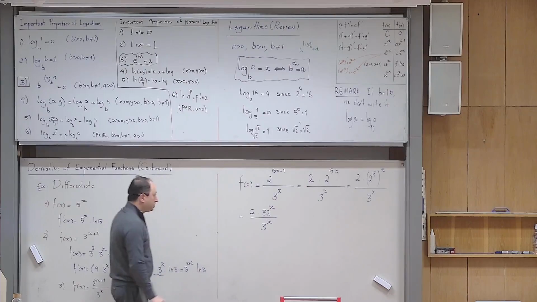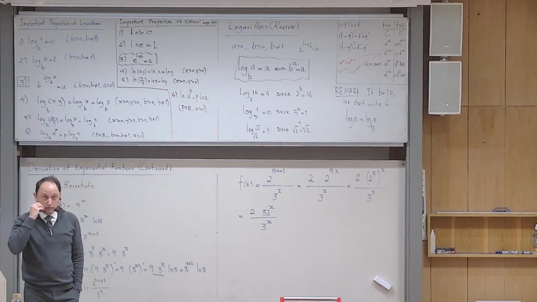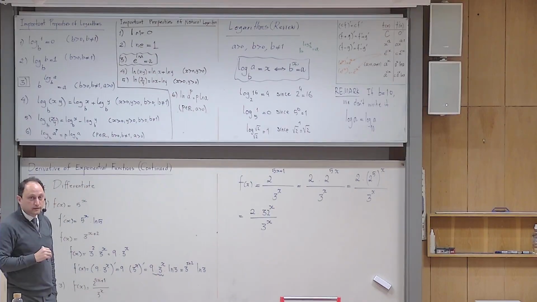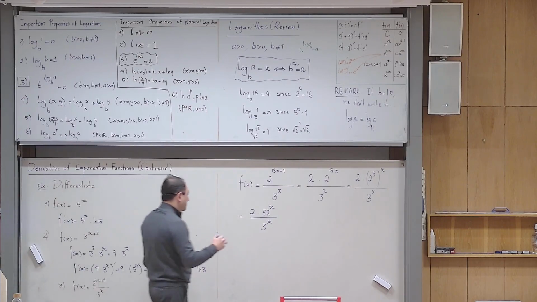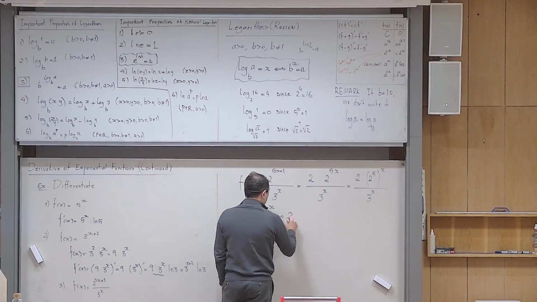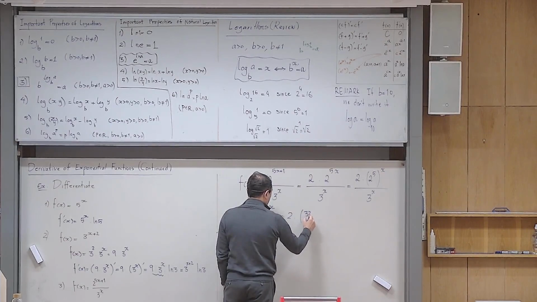Okay, but still it's a fraction, Ali, so how can we go for it? So we can take out 2, then we can write 32 divided by 3 in the bracket. Exactly, thank you. Yes, that's the point. So that becomes 2 times 32 over 3 to the power of x.